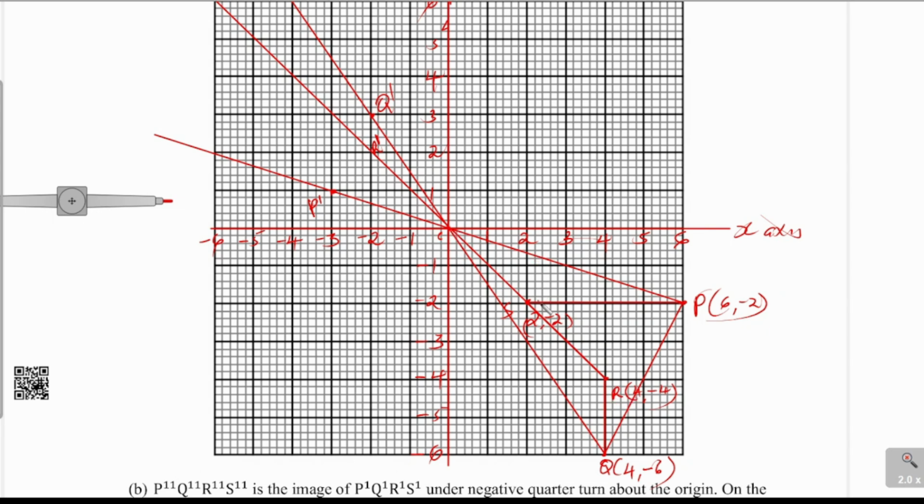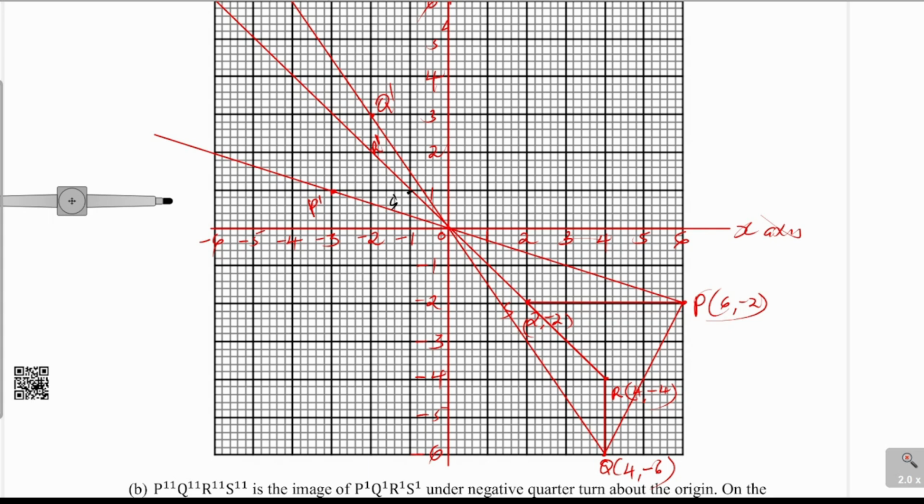So the same line, but now the distance will change because from S to the origin, how many squares are these? They're just 2. 1, 2. So half of the 2 squares will be 1. So from the origin, just count 1 square. So this is where we're going to have S. S prime will be there.